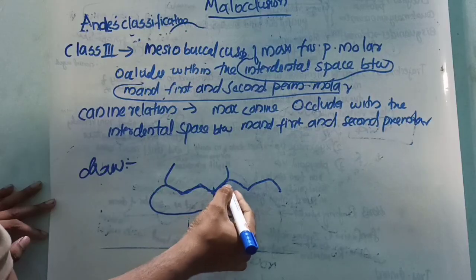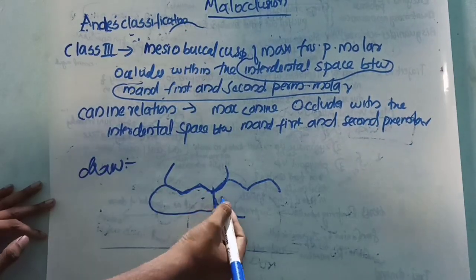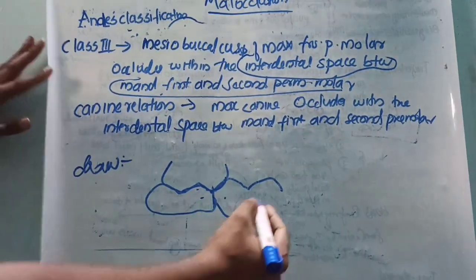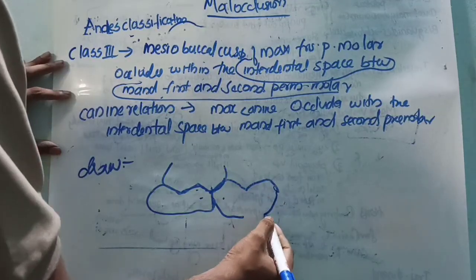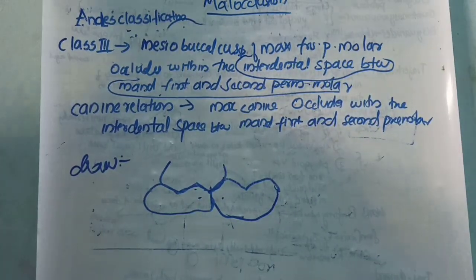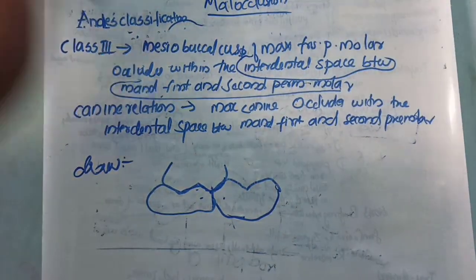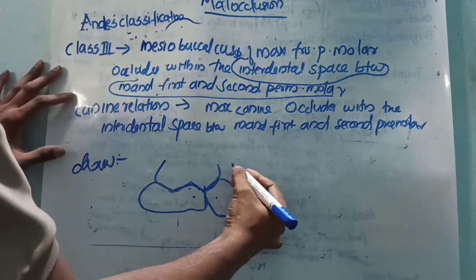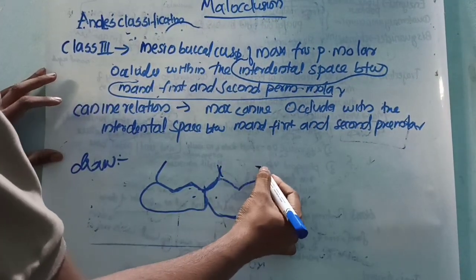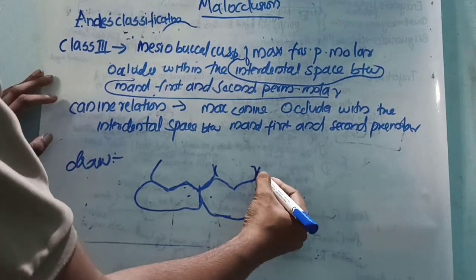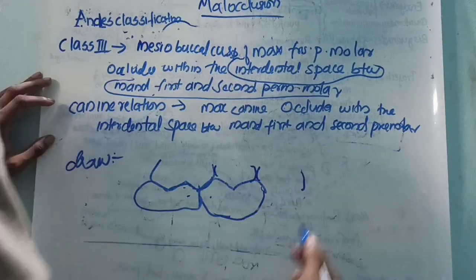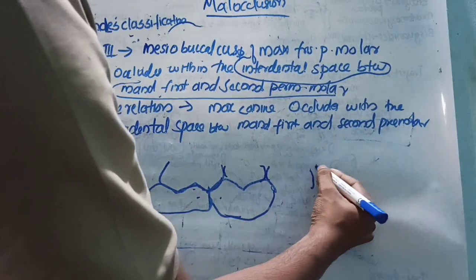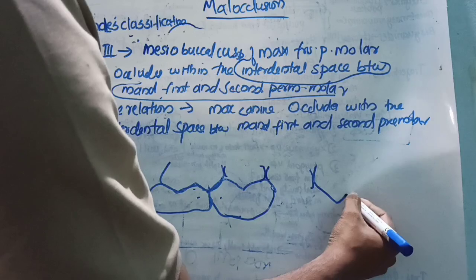So the mesiobuccal cusp occludes in the interdental space between the first and second mandibular molars. And as usual in class 1 and class 2, we draw the space necessary for the second premolar and first premolar. Here comes the canine.